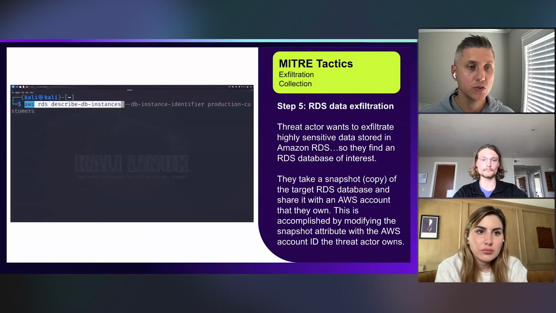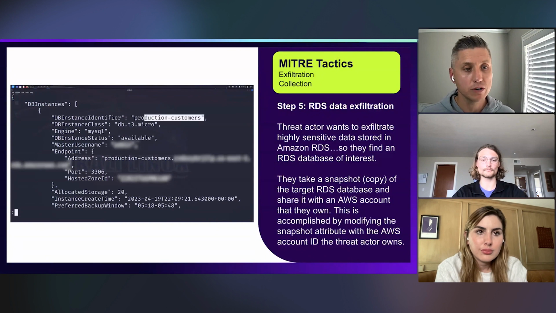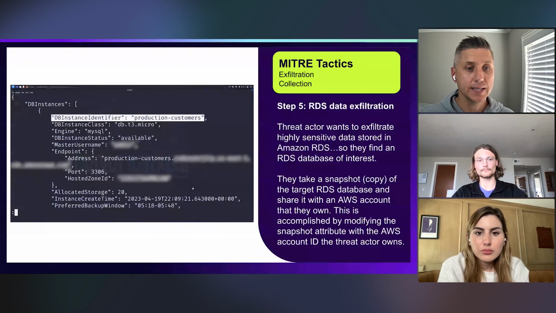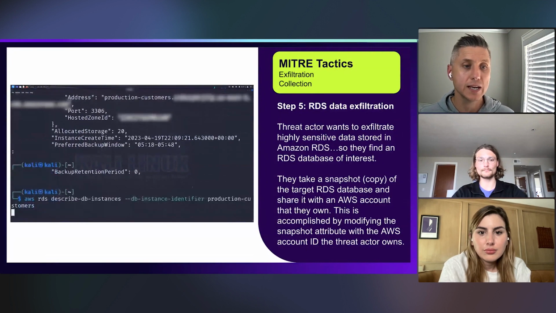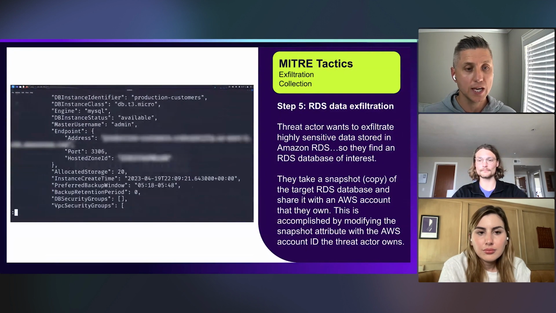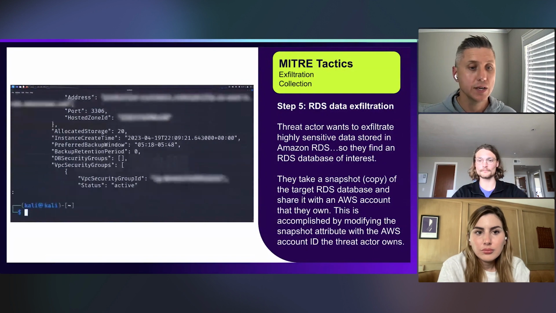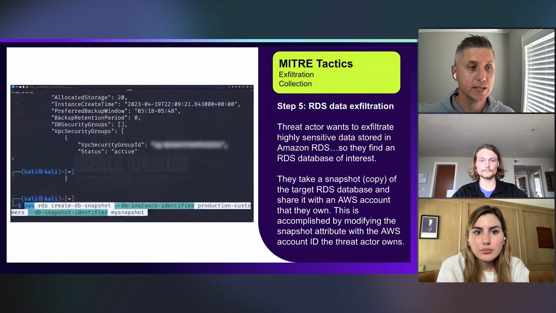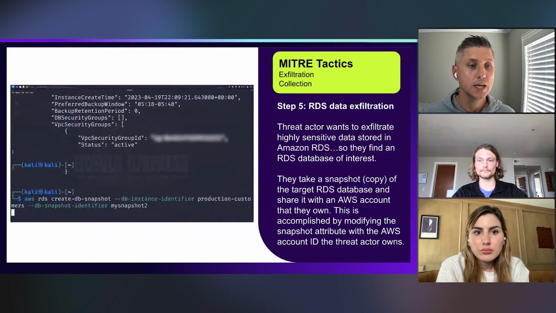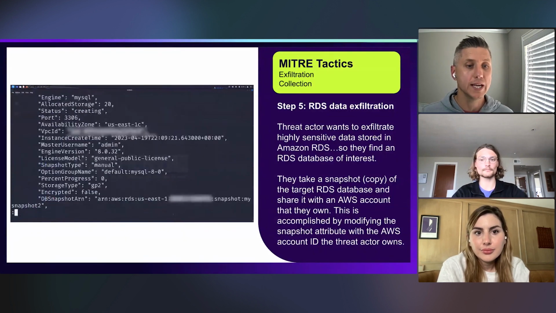The attribute they've modified is a different AWS account ID, an attacker-controlled AWS account ID, so they're able to share that snapshot with that account. They then log into that account and can restore an RDS database from this particular snapshot, and they'll have access to all of the data on that database that was originally in the victim's account.